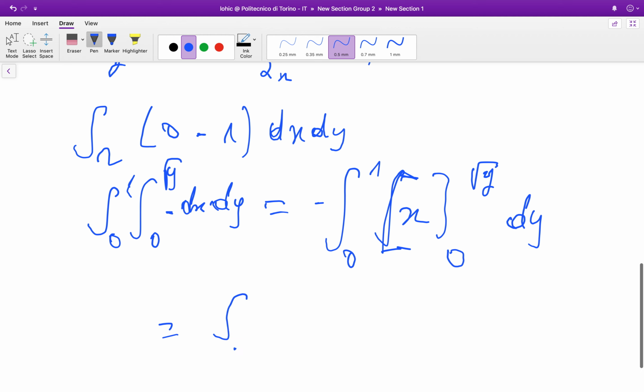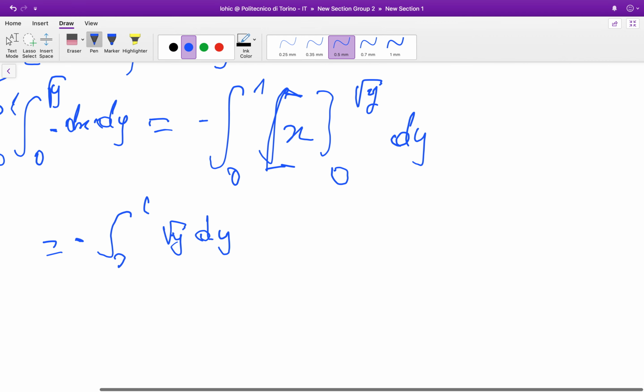Then this gave us minus the integral from 0 to 1 of root y in dy, which is the integral of y to the power half in dy.